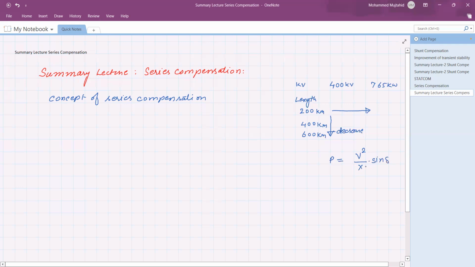As the length of the transmission line increases, the total reactance increases, and because of this the power handling capacity starts decreasing with increase in length. And we know that the power generating station is far away from the load center, and we have to transmit the power over a long distance, and because of this long distance, the power handling capacity decreases.